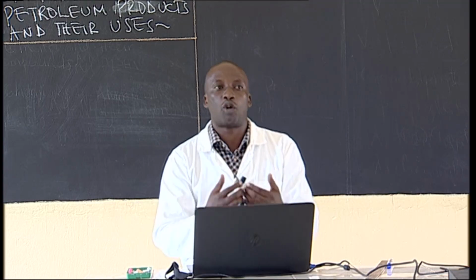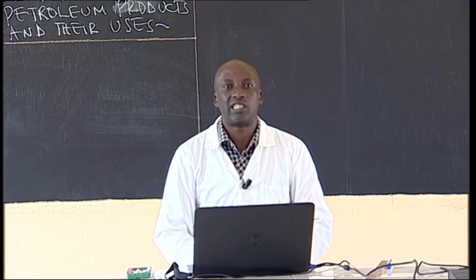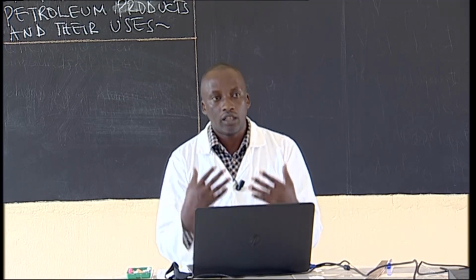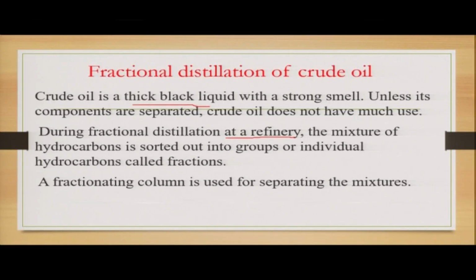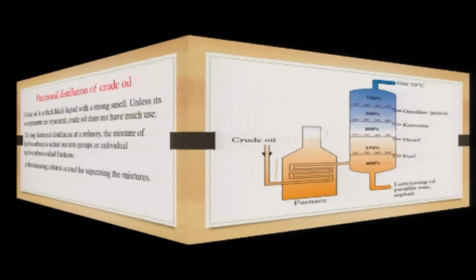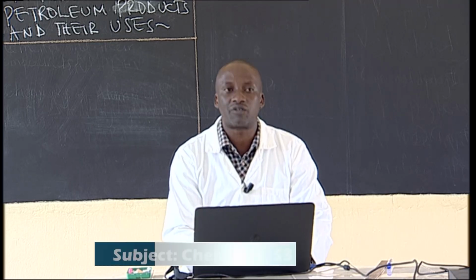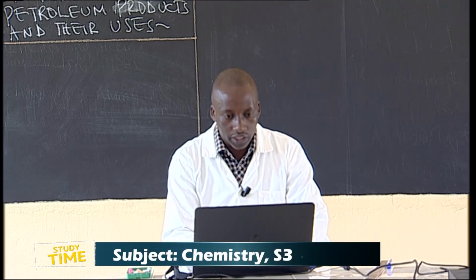Then we talked about how they are obtained. We said they are obtained by fractional distillation. Fractional distillation is only possible if the substances to be separated have different boiling points. And we looked at the fractionating column. This is the process of fractional distillation, which contains a fractionating column, or this container. Looking at this container, we said they are at different temperatures.